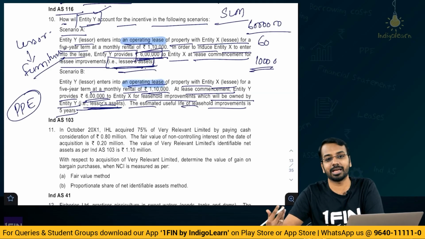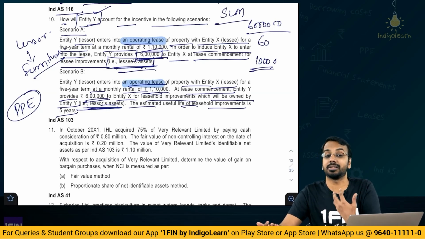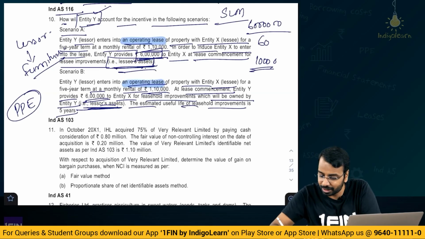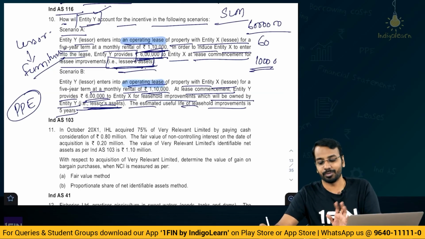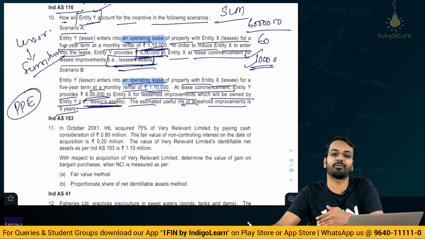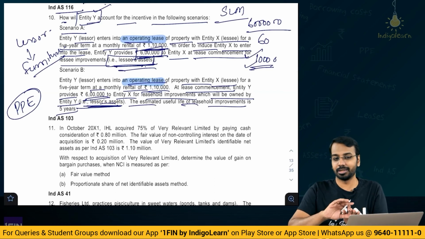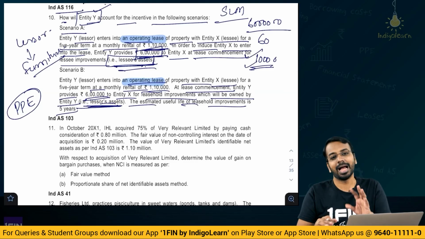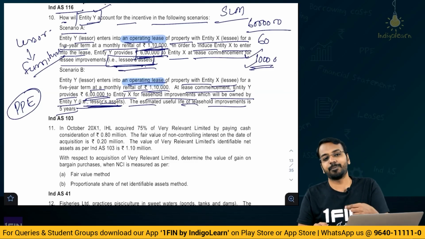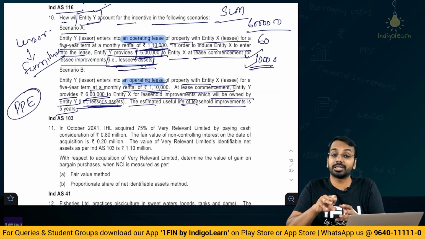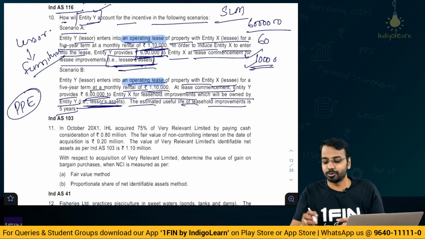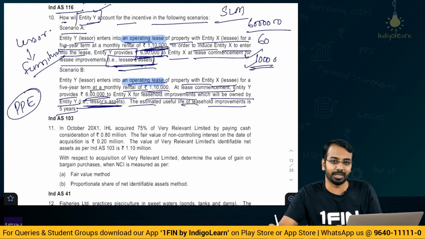Think of it, I gave 6 lakhs upfront, forget the discounting factor because it's an operating lease. Every period I will collect 1,10,000. In that, 10,000 is something which I have already spent earlier, which I am getting back. So my net income per period will be 1 lakh only, right.